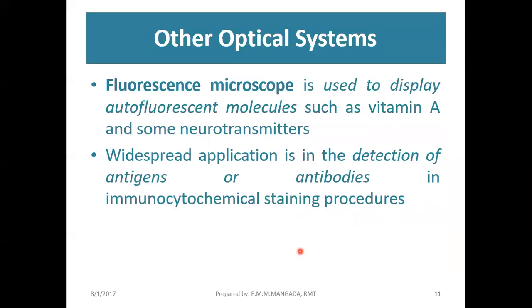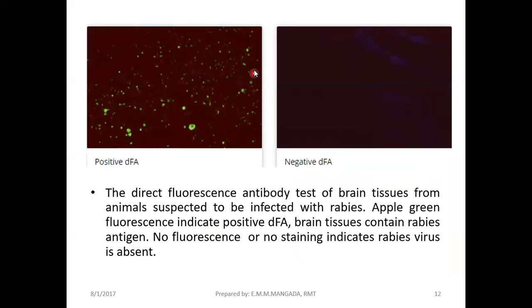And then we also have your fluorescence microscope. One of the most common uses that we can encounter later in your higher subjects is of course its use in detecting the presence of antigens or antibodies in the specimen. We have here an example. This is the direct fluorescent assay of a tissue infected with rabies. This one is the positive result. If you can see there, we can observe the presence of apple green fluorescence.